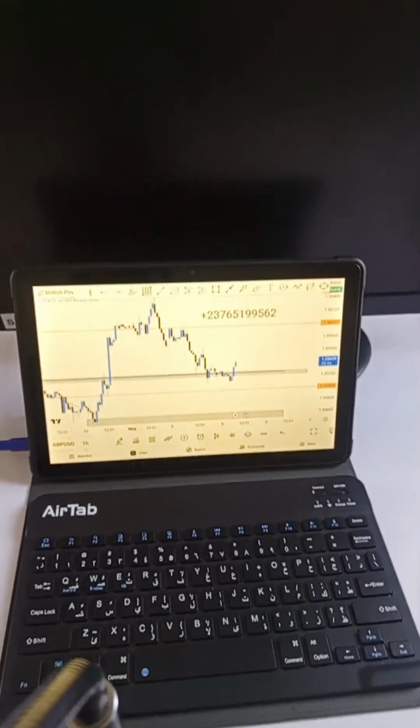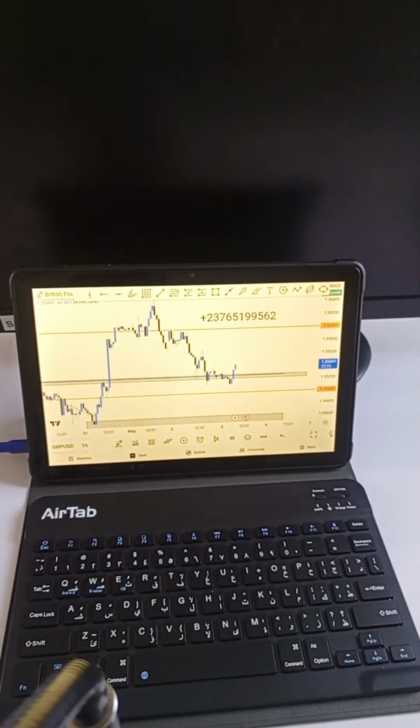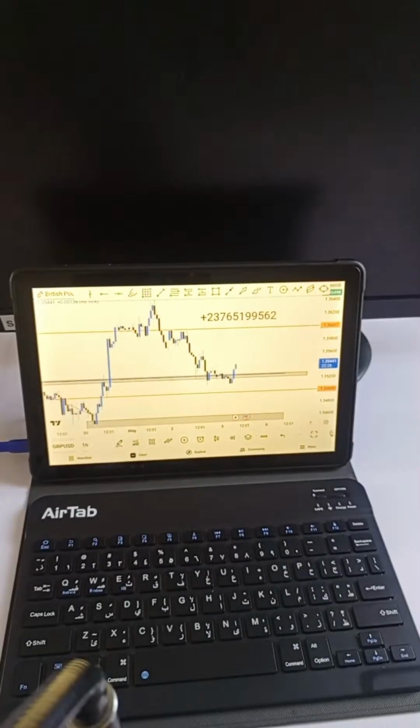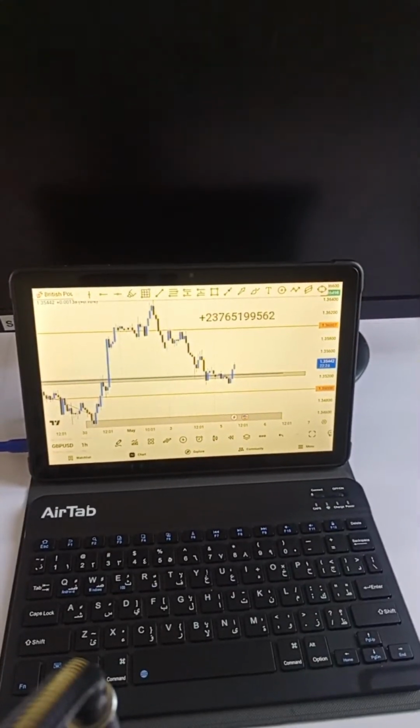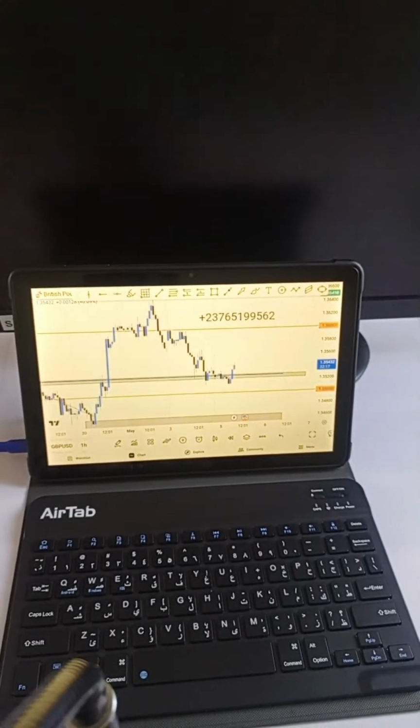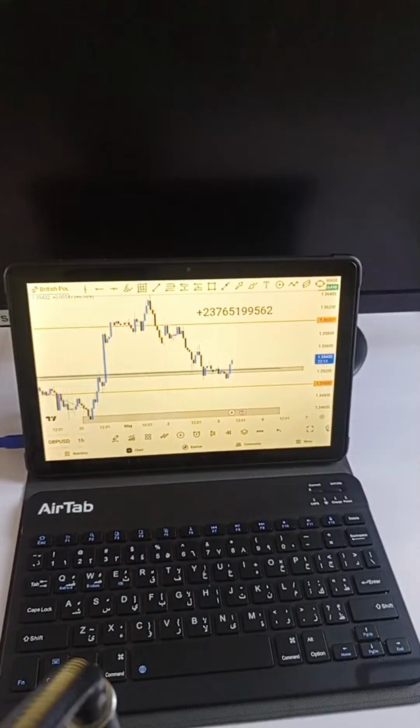If you ask me which is superior, it is the user who determines what works for him. If you understand and feel comfortable trading trend lines, it will work for you.